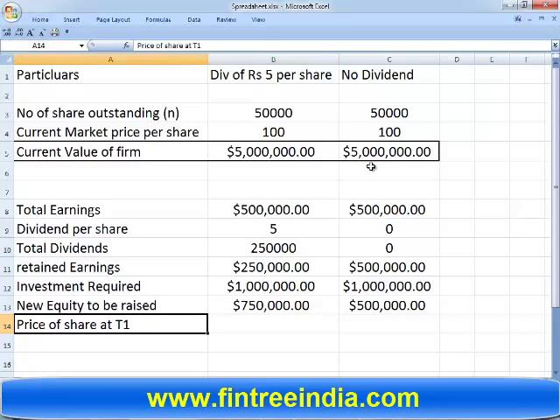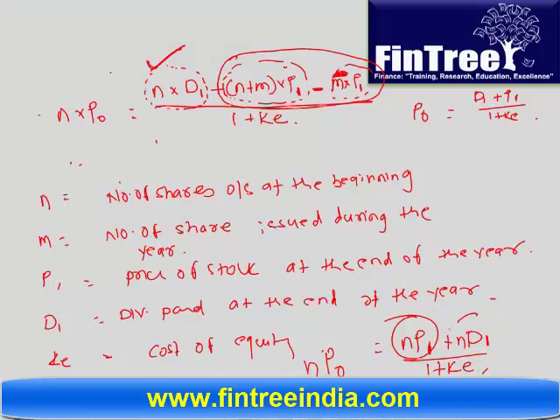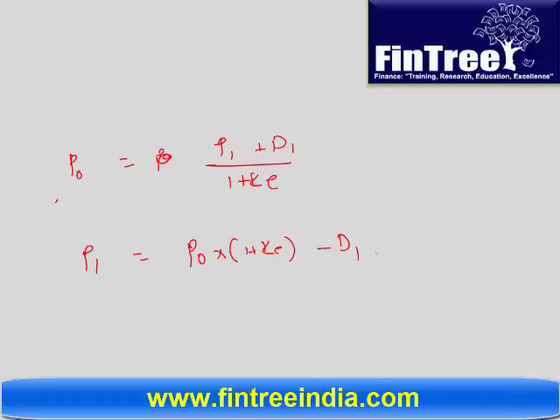What would be the price of share at T1? Now see this carefully. Price at time 0 is equal to P1 plus D1 divided by 1 plus KE, so P1 is equal to P0 into 1 plus KE minus D1. Clear? We are going to use the same logic here.